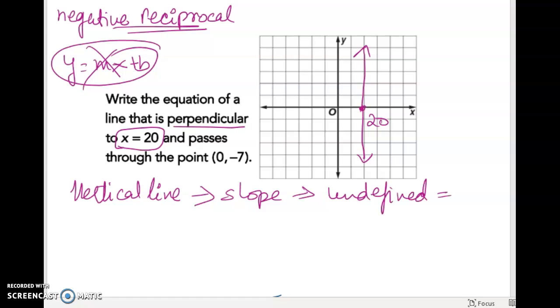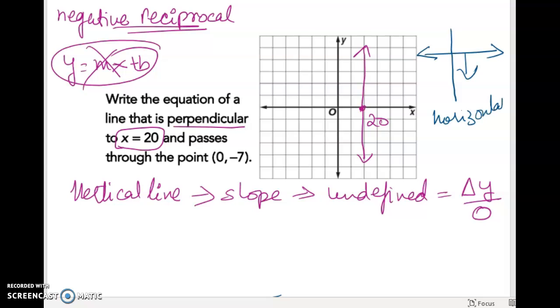It is undefined when change in y is over 0, when change in x is 0. Now, they are asking about a perpendicular line. If a line is perpendicular to a vertical line, that means it has to go horizontally. So, for a horizontal line, slope is always 0.